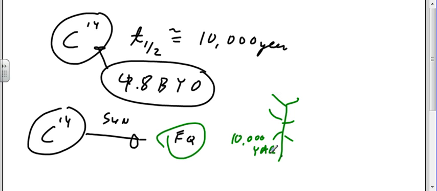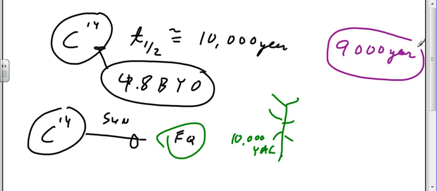Now, that works perfect if the Earth is 4.8 billion years old, right? However, what if the creation guys are correct and the Earth is only like 900,000 years old? And when it was created with some equilibrium amount that we don't know what it is, then all this carbon dating is wrong.